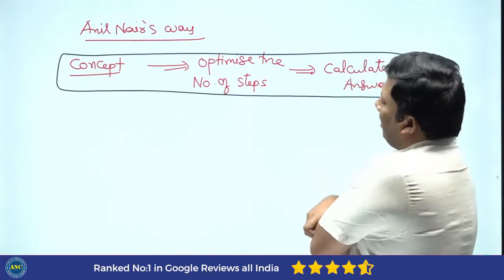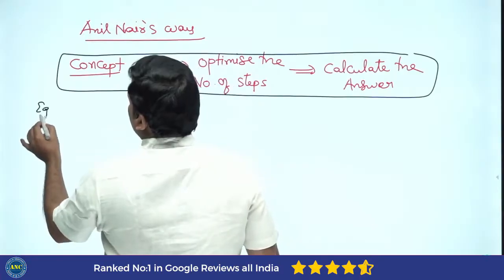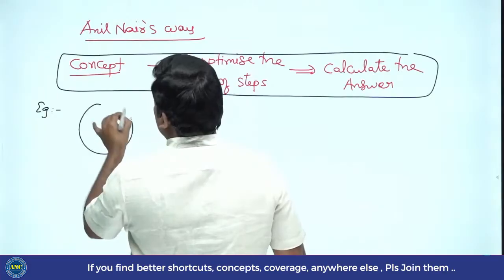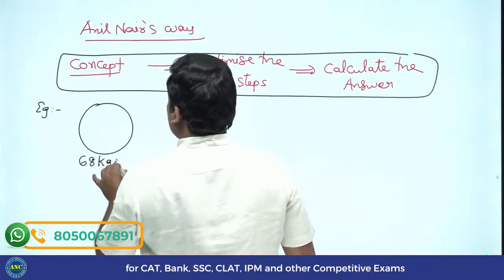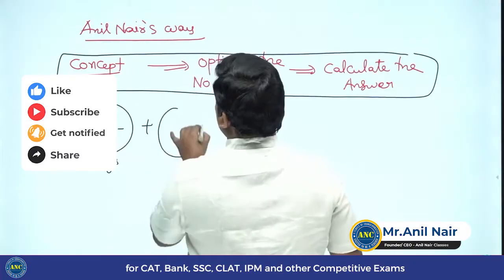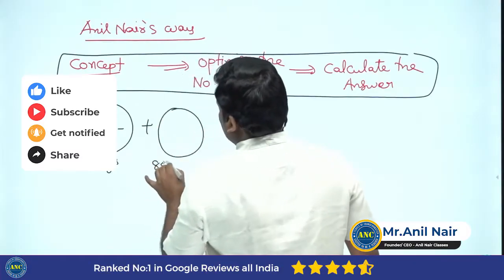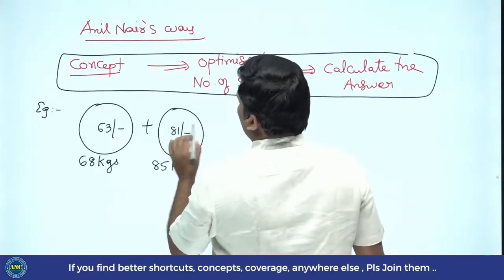Next one, see here. Concept. First, we will discuss the concept with an example. There are two quantities of rice. 68 kgs of rice costing 63 rupees is combined with 85 kgs of rice costing 81 rupees.